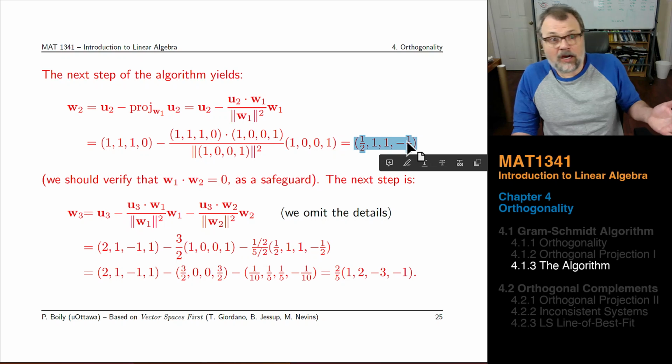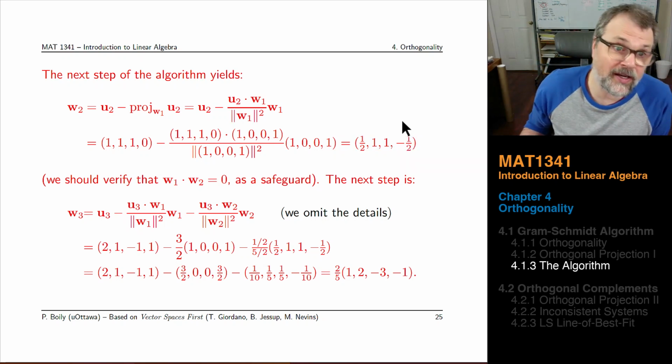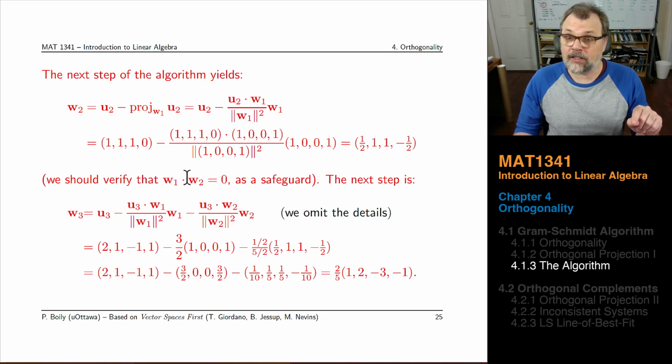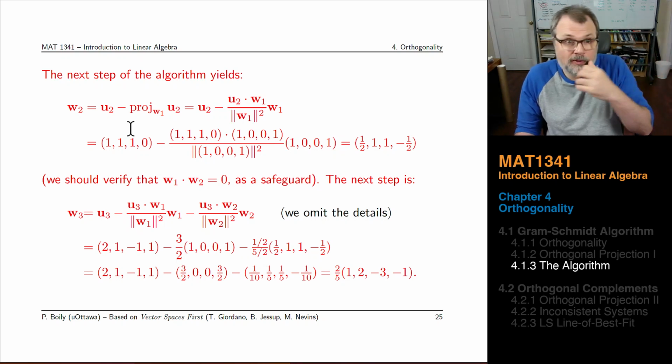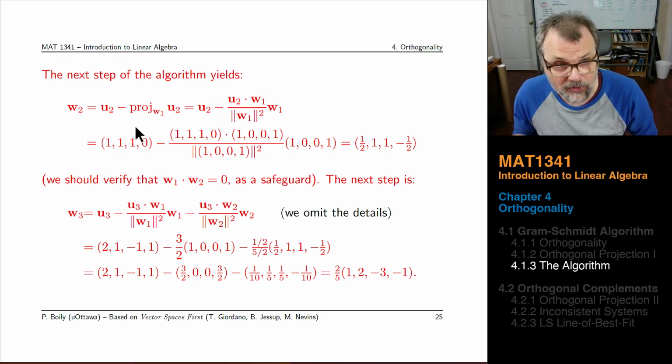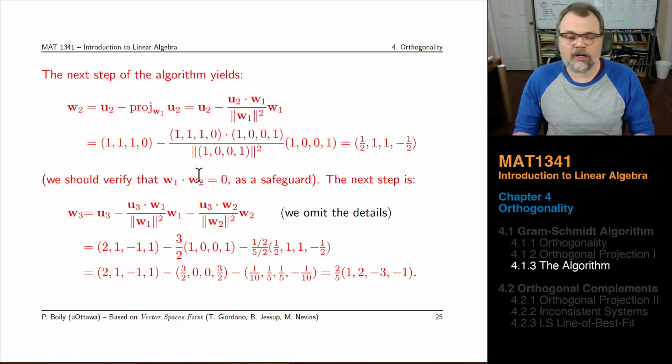Now, as a safeguard, you should take the time to verify that this W2 that you just computed is indeed orthogonal to the previous W1. It should be, but perhaps you made a computational error. So take the time to compute the dot product between W1 and W2, and you'll see that, sure enough, it's equal to 0. So they're orthogonal.